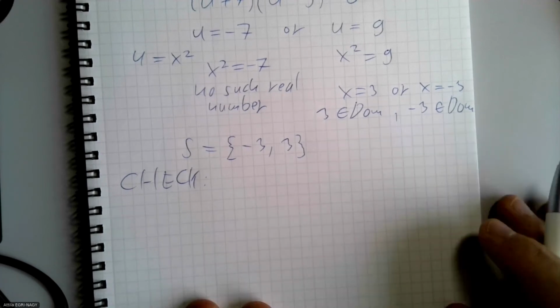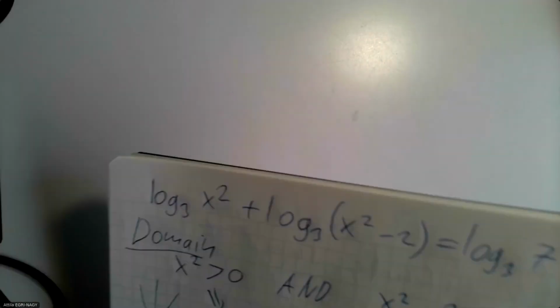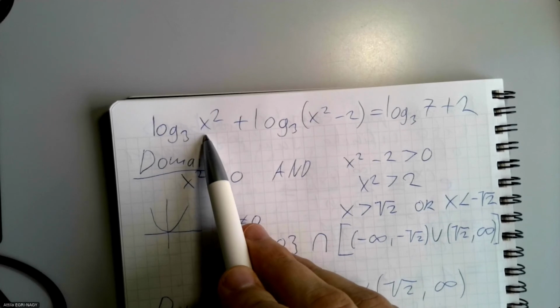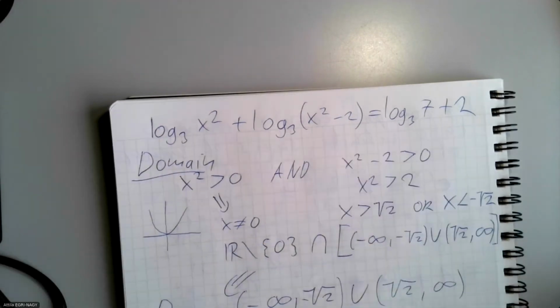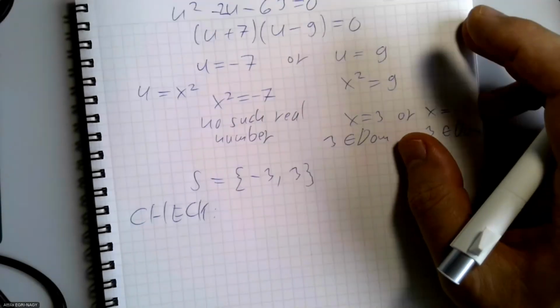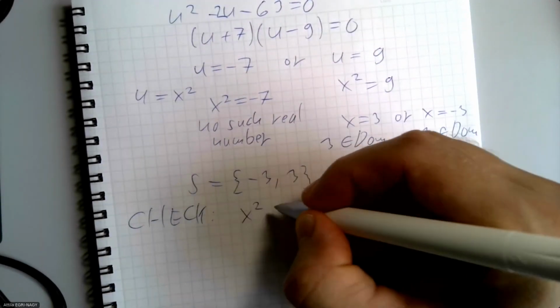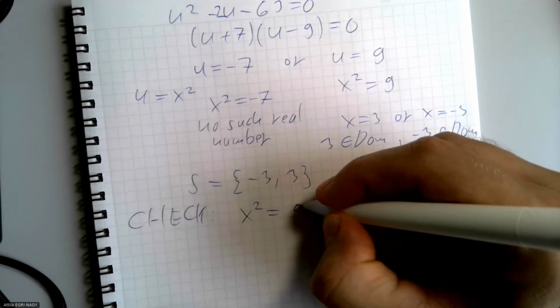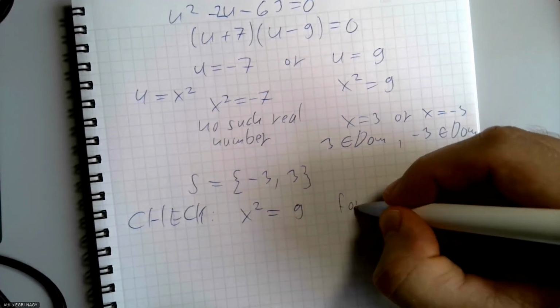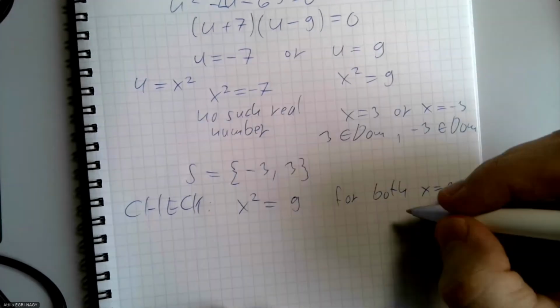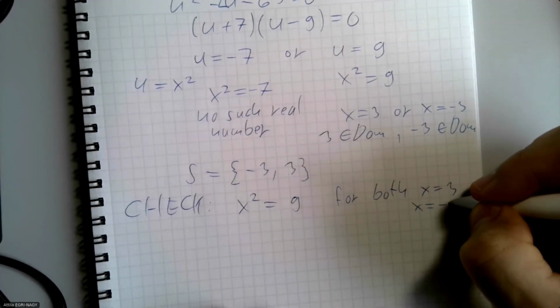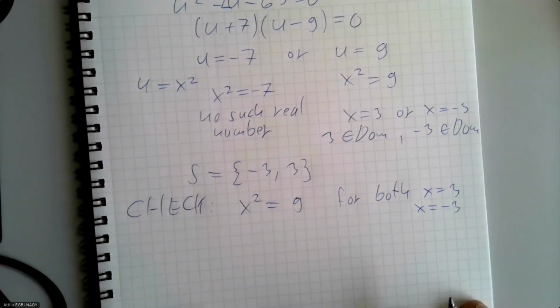If I look at the original equation, I have x squared. x doesn't appear, it's only x squared, so I can check it in one go. x squared is certainly 9 for both x equals 3 and x equals negative 3. So it's enough to check that.